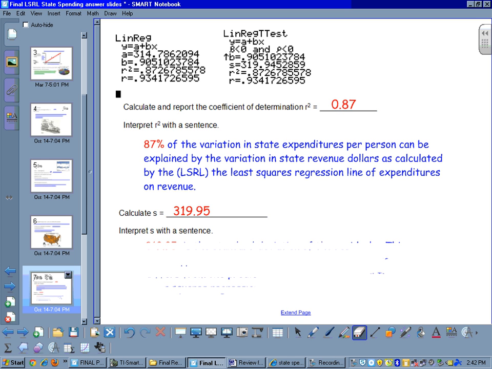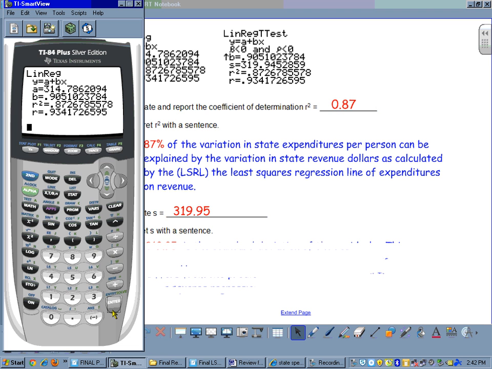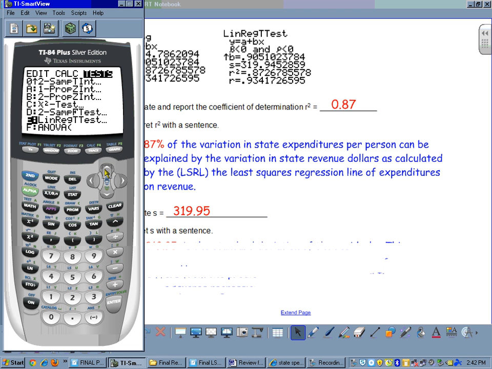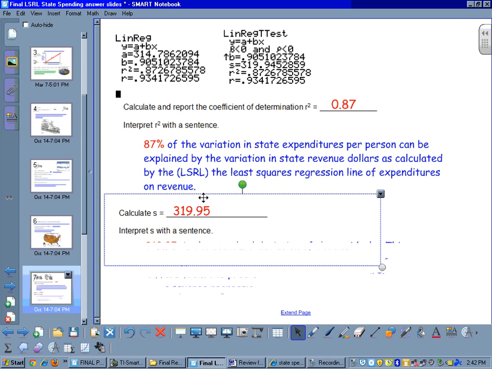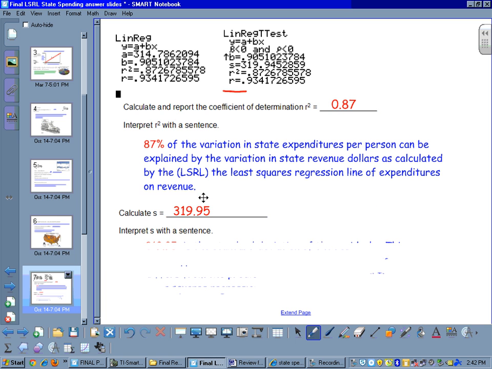S, if I use my calculator to do stat, tests, all the way down to the bottom, LinRegTTest, and if I put in revenue and expenditures, plug my equation into Y1 and hit calculate, that calculates my S value for me right here on the screen, and I've transferred that over to our paper already right here.